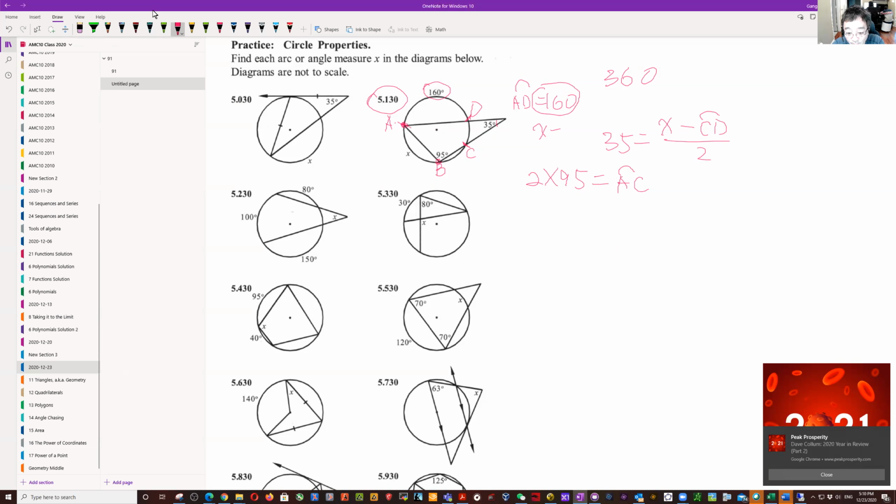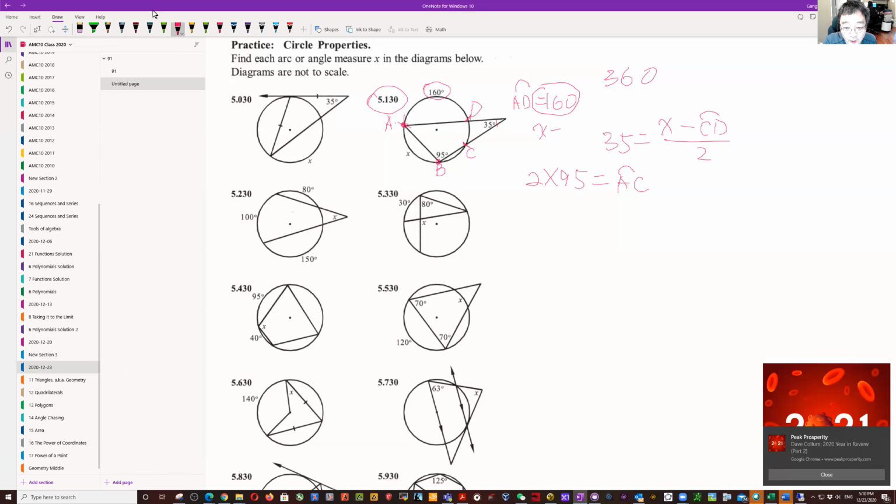This is an inscribed angle, so it's half of the arc.